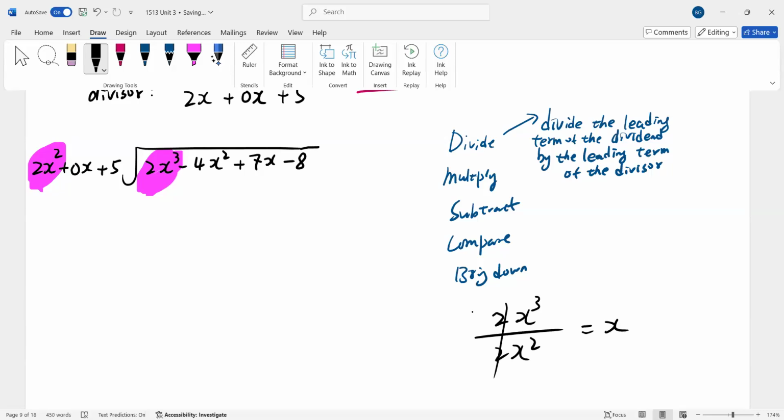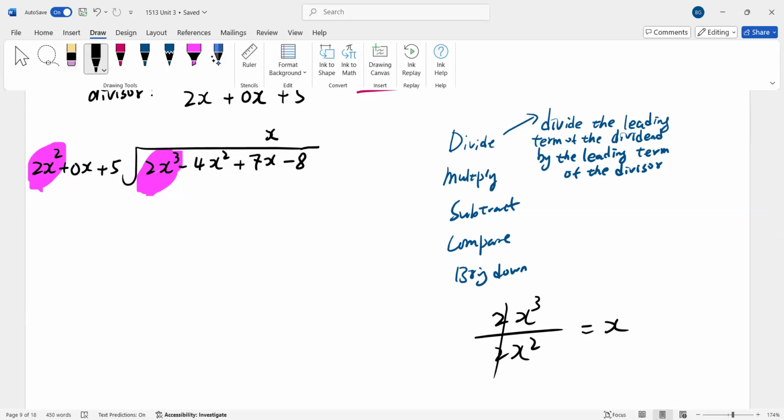So we got a quotient x, and we are going to put a quotient x above the division symbol and align with 7x because 7x and x, they are like terms. We need to vertically align all the terms that are like terms, just like that.